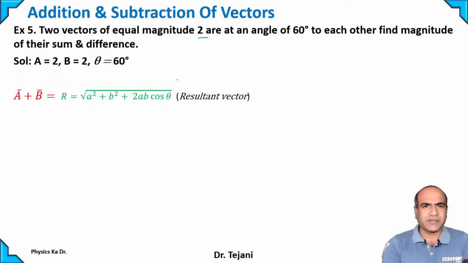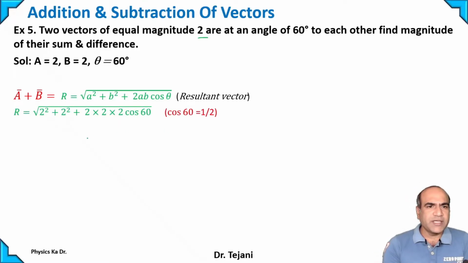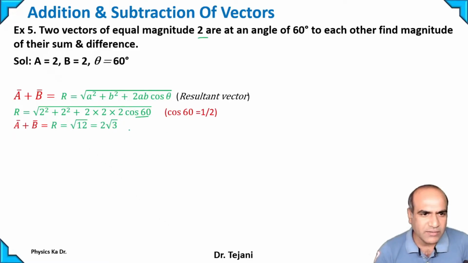So we know that equation. A bar plus B bar is equal to under root A square plus B square plus 2AB cos theta. This is the resultant vector. Let us put A equal to 2, B equal to 2, and theta equal to 60. So cos 60 is 1/2. So the answer for A plus B is 2 root 3.